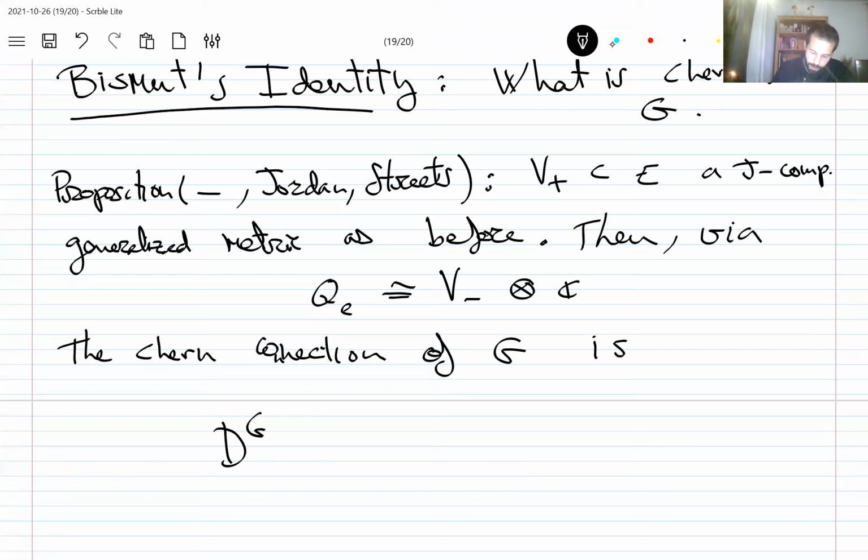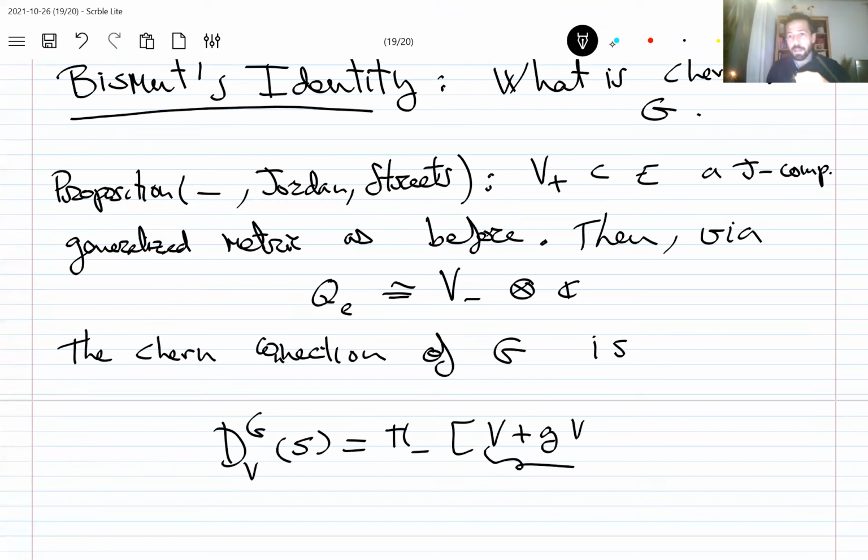d^G of b acting on s. So I'm identifying Q_L with B minus tensor C. So s is just in B minus. This is just P minus, the projection into B minus of the bracket of b-plus-GV, which is the natural lift of b, a vector field on the manifold, to B plus.